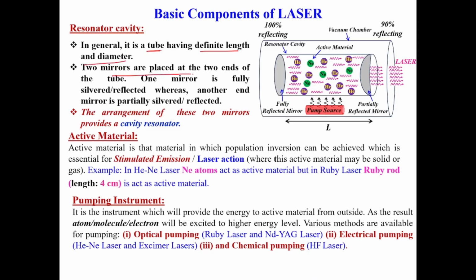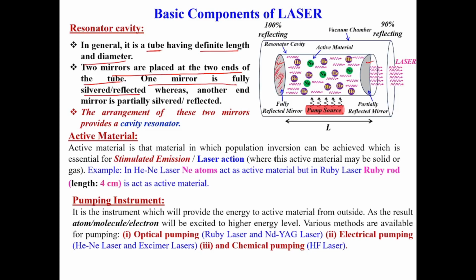Two mirrors are placed at the two ends of the tube. This is one mirror, this is another mirror. One mirror is fully silvered, or you can say fully reflecting, that means 100% reflection capacity.